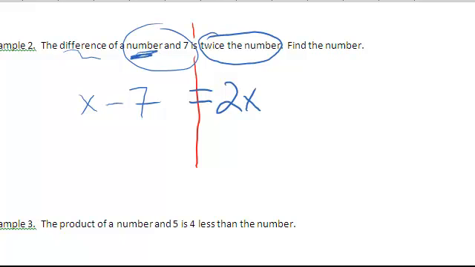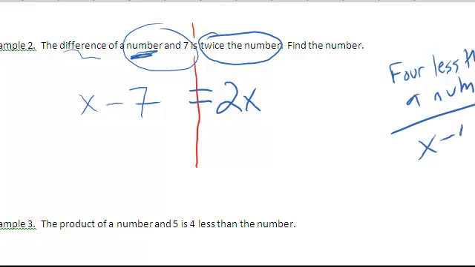That's different than what we talked about a little bit ago when I said 4 less than a number. Let me write that down. 4 less than a number would be translated as x minus 4, whereas the difference of a number and 7, or the difference of a number and 4, the x would go first: x minus. Okay?